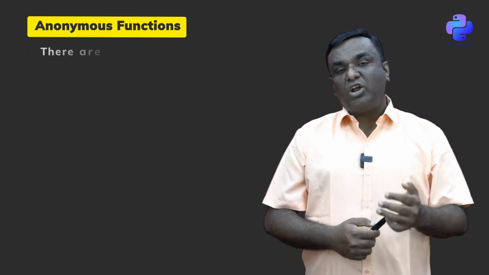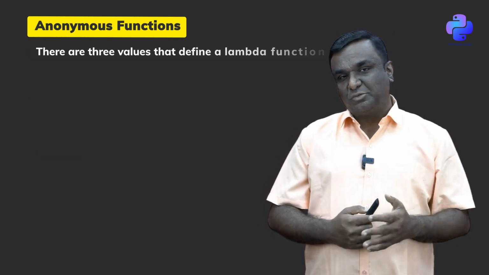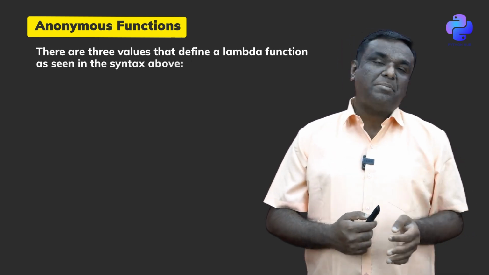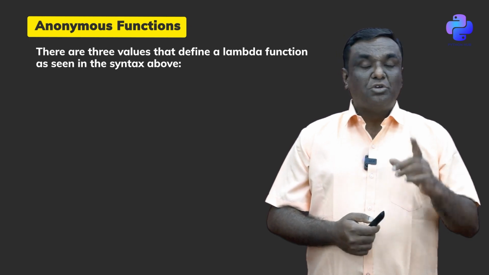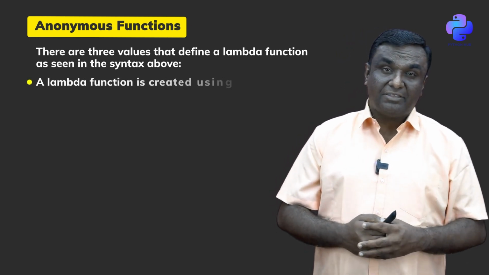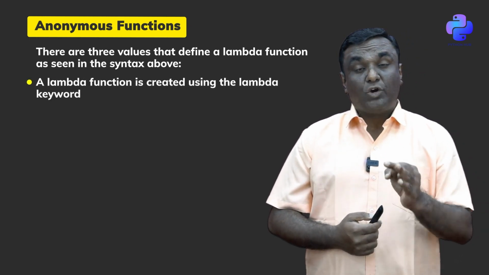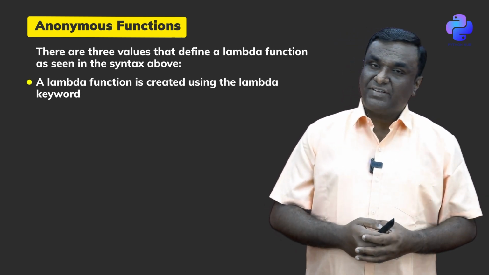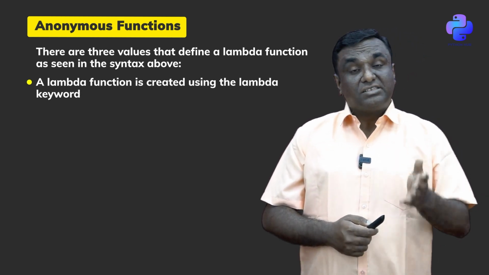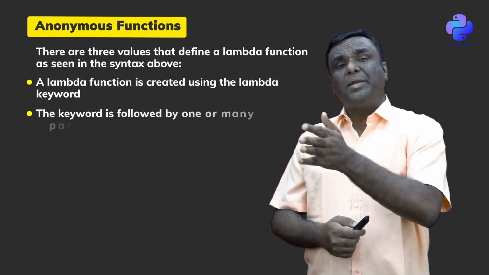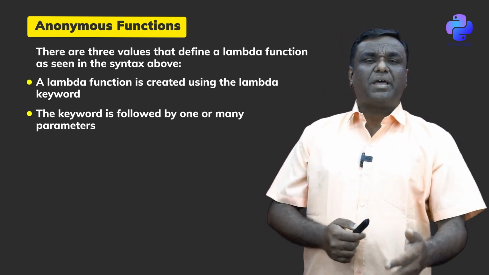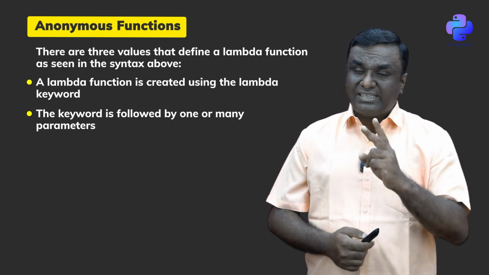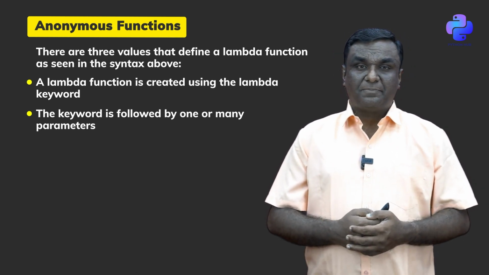Okay. So anonymous functions have three parts. When you want to define a Lambda function, you use three values. You use the lambda keyword to begin with. Lambda is the key for you to recognize anonymous functions. Then it is followed by one or many parameters. So 1, 2, 3, it can be n number of parameters that you can pass across. That's the second part of the Lambda function.